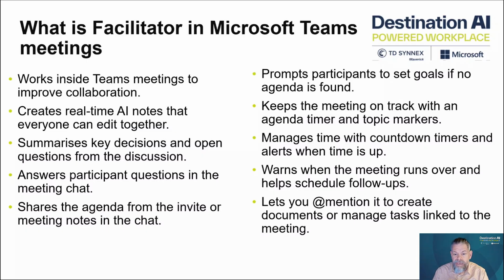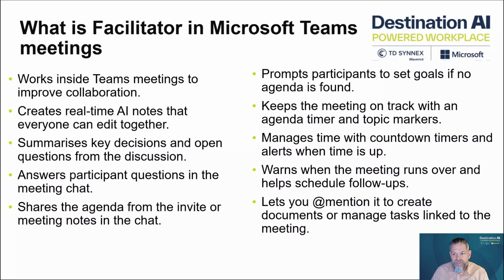The ability to manage time ensures that our meetings are working efficiently the way we want them to, at the pace in which we need to accomplish our goals. It warns when the meeting is running over or helps us schedule any follow-ups. And likewise, we can facilitate mentioning people to create documents or to manage those tasks where we want to.